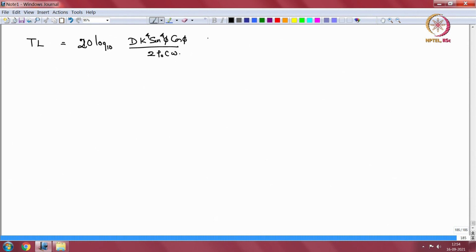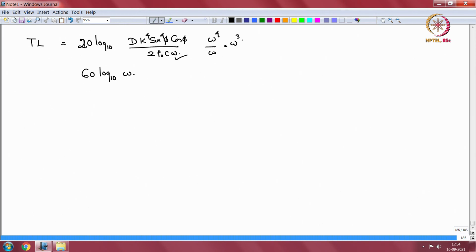Okay, and then in k fourth we have omega to the power 4, and below we have an omega here, so this is omega cube. Okay, so finally in terms of frequency we get 60 log to the base 10 of omega.